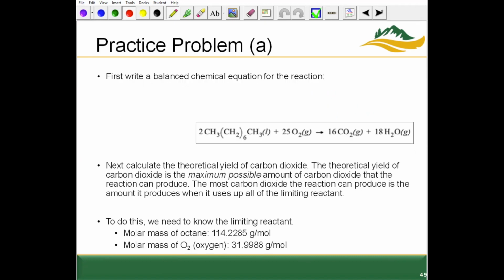The very first thing we need to do, either way, is to set up this balanced reaction. So here's octane, here's oxygen gas, carbon dioxide, and water. We balanced similar equations like this previously in chapter 3b. So feel free to go back in the recording to see how we'd balance a more complex reaction like this.